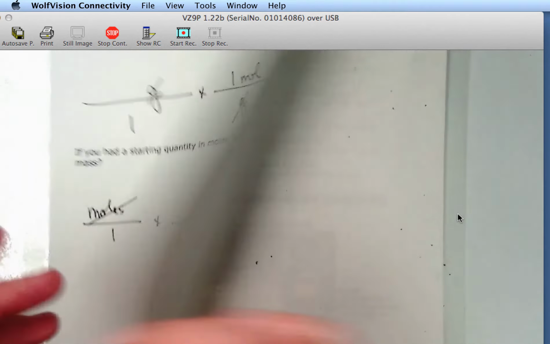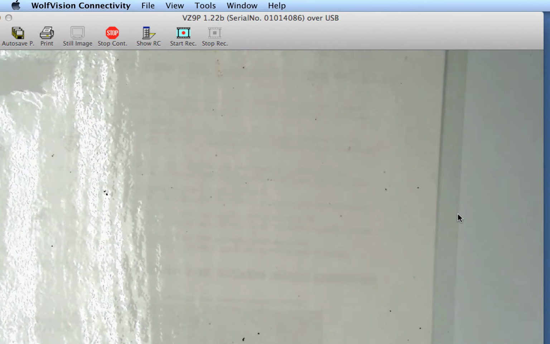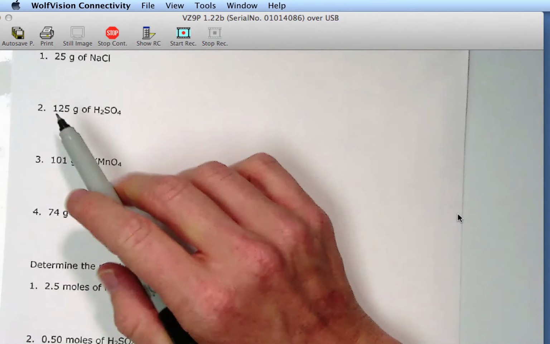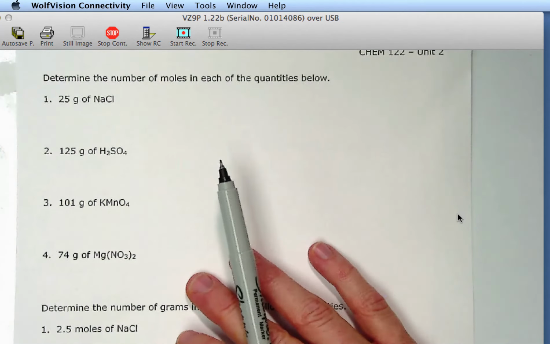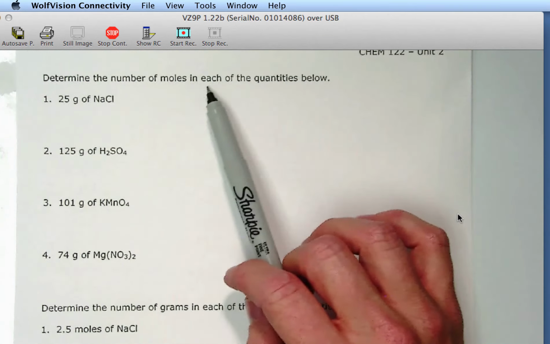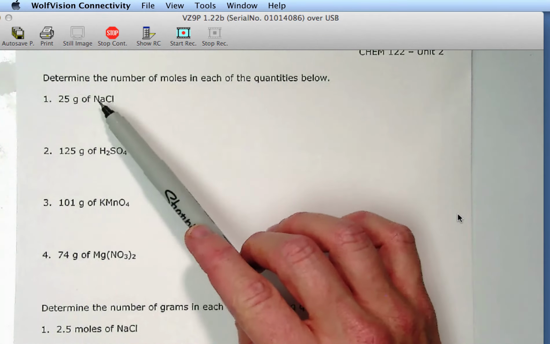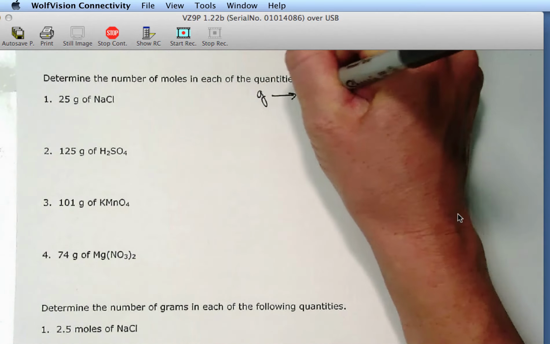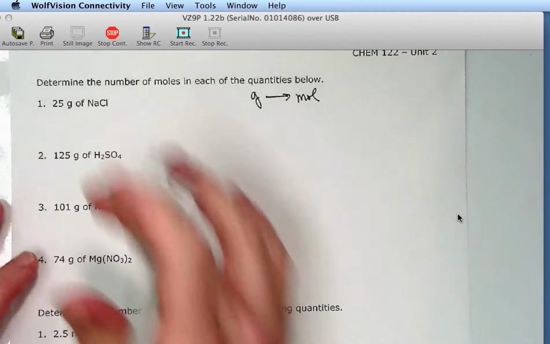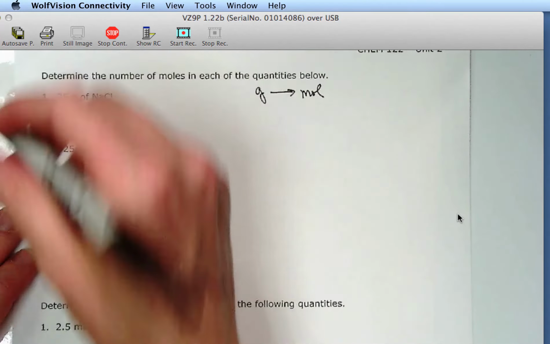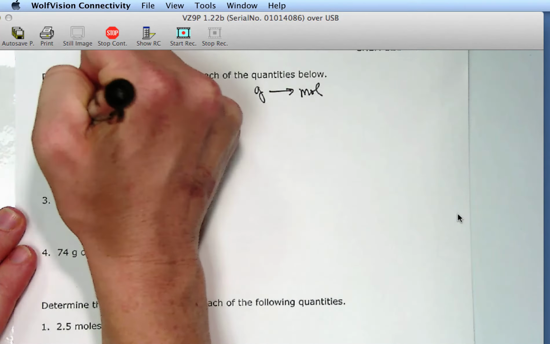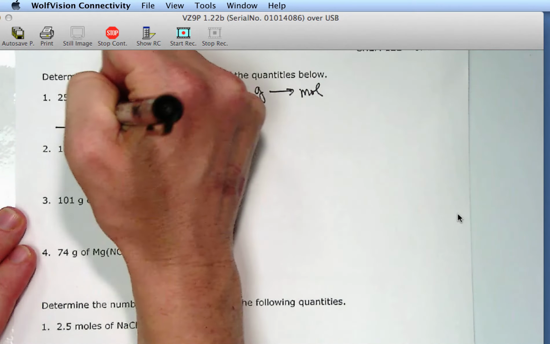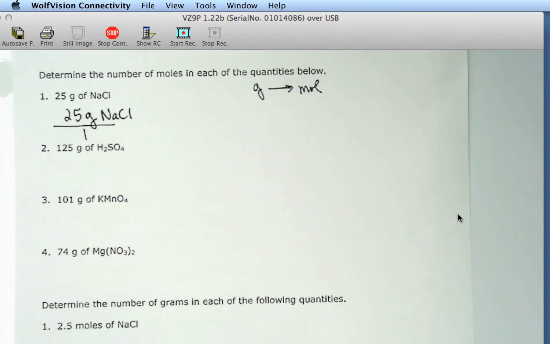So on the next page, I have problems where you determine the number of moles in each of the quantities below. So you need to convert the grams to moles. I'll do number 1 with you. 25 grams NaCl. It's a good idea not only to write the unit, but what the substance is that you're dealing with.